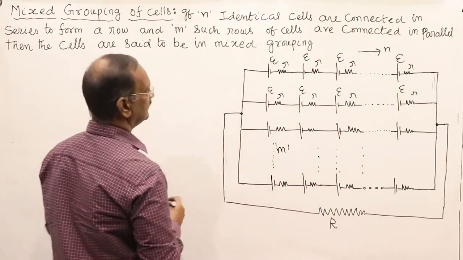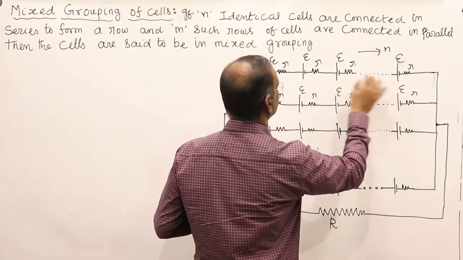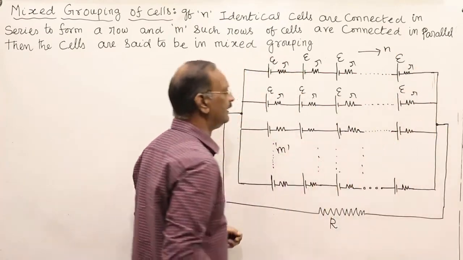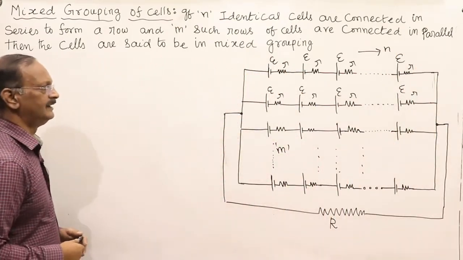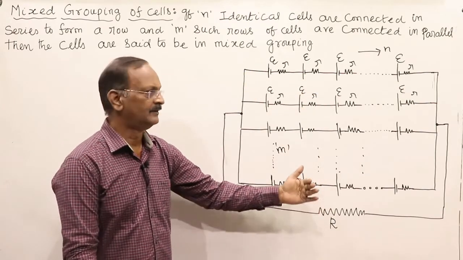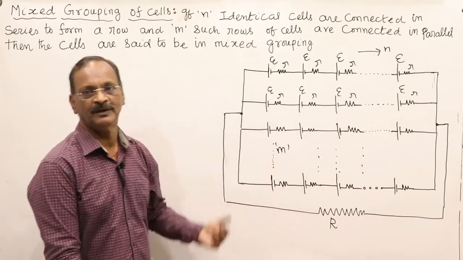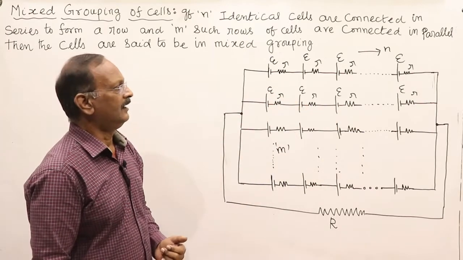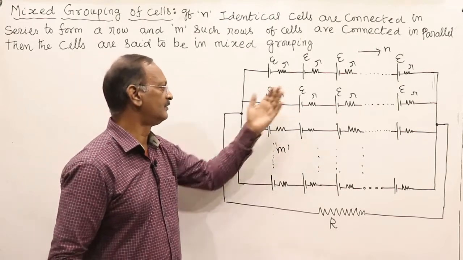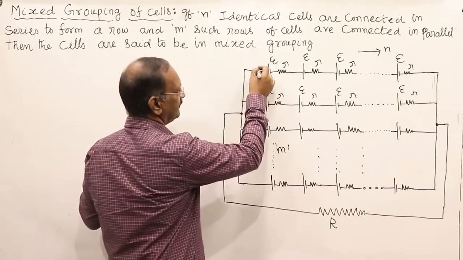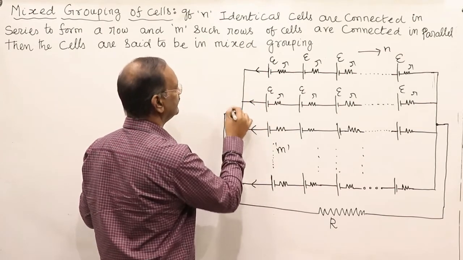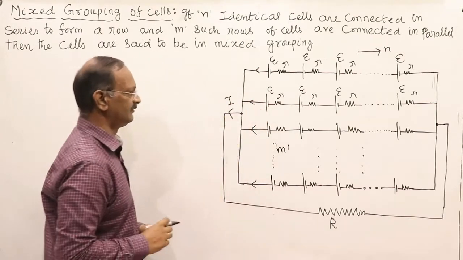Let us take n cells connected in series, and such m rows connected in parallel with each other. First we will simplify the circuit: how to find the net EMF, the equivalent internal resistance, and the current through this one. All are positive, so the current flows like this, that is I. We have to find I.